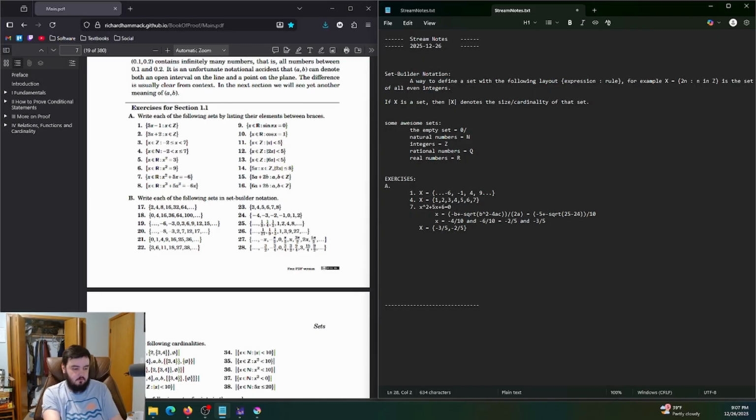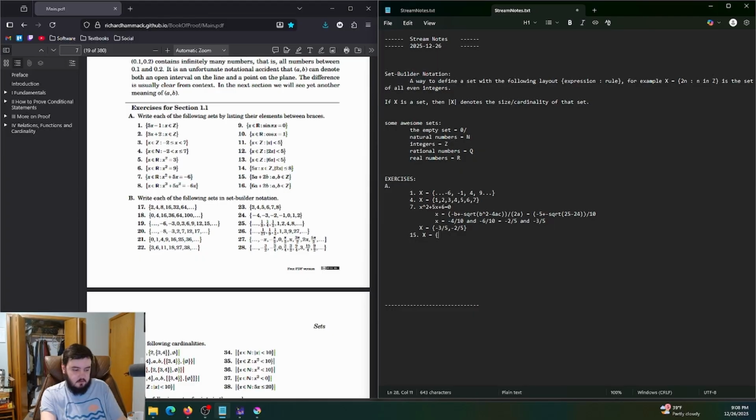Let's do 15. Let's go down to the bottom. 5a plus 2b, such that a, b are in Z. Didn't we already look at this one? Maybe it was a different example. Okay, so the main thing is, what integers can we create from two integers in Z?